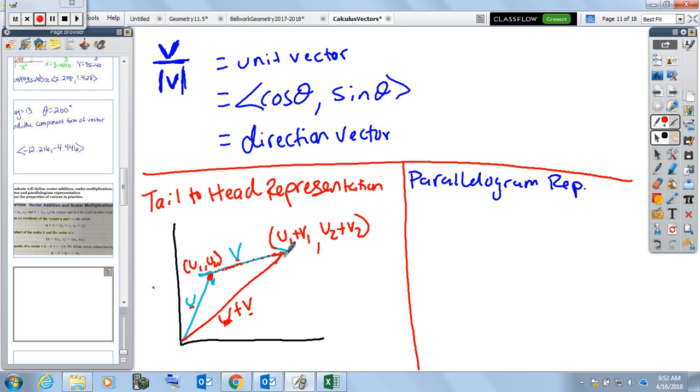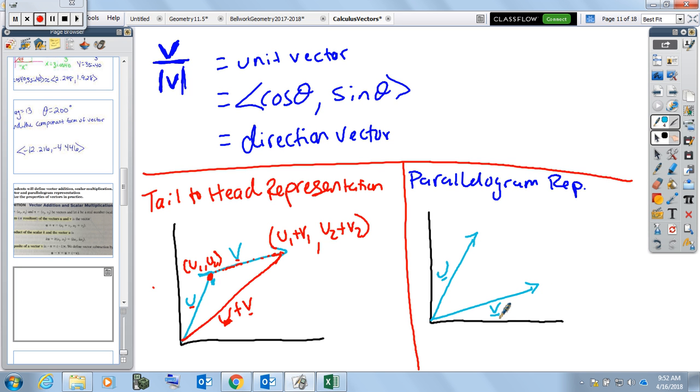But you also might see it in parallelogram representation as well. So once again, we have our axes here, and we'll keep it consistent. We'll keep blue going on, and let's say I have u right here, so my vector u, and then maybe down here we have our vector v.